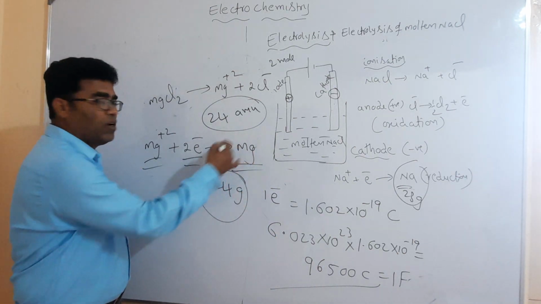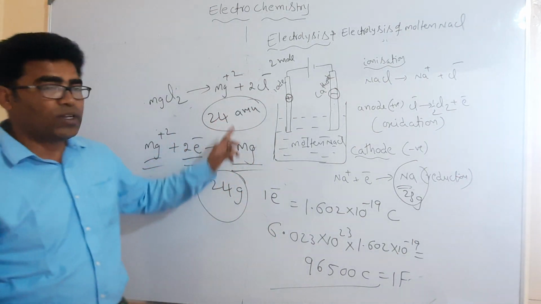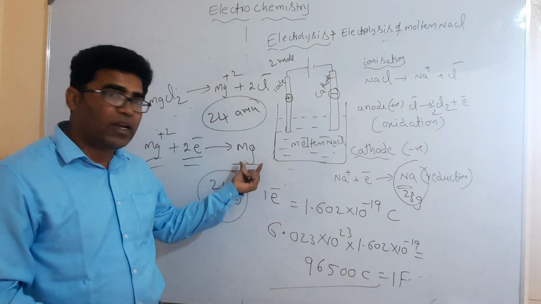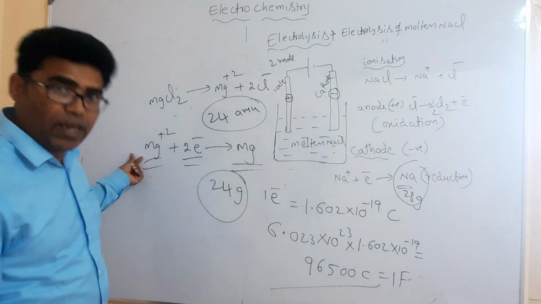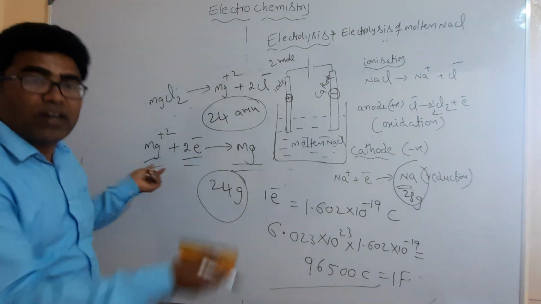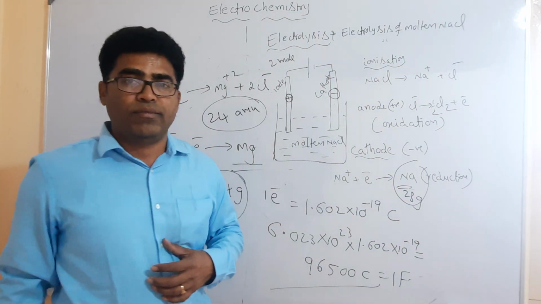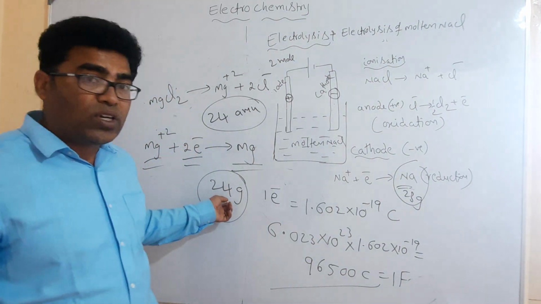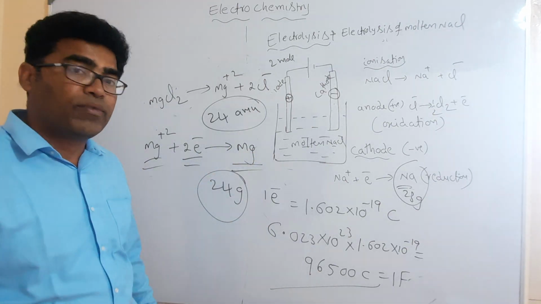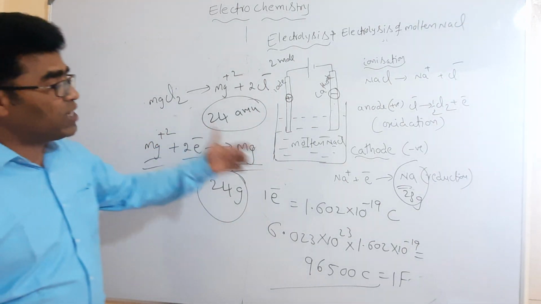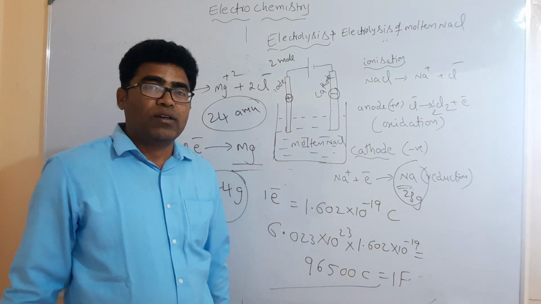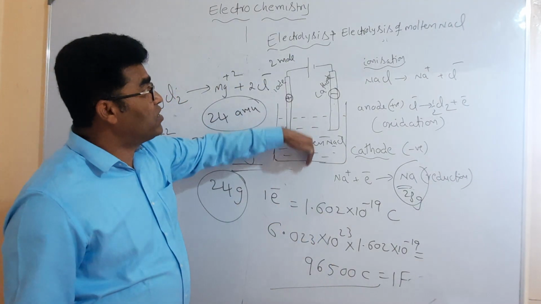To get 1 magnesium atom from 1 magnesium ion, 2 electrons have to be gained. To get 24 gram magnesium, 2 moles of electrons have to be gained.